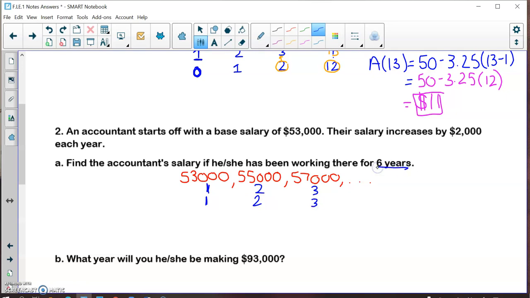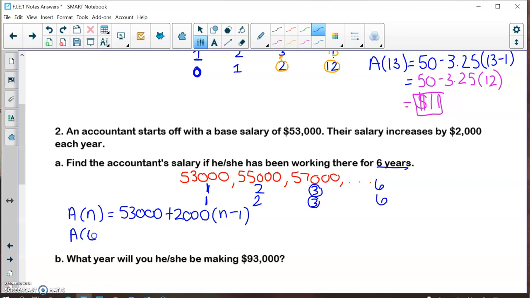So if we want year 6, since the term number is matching the number of years, we want the 6th term. So what we're going to do is use that explicit formula of A of n is equal to 53,000 plus 2,000 times n minus 1. Remember, we already wrote that formula, but now I'm going to put 6 in for n. I'm going to find the 6th term.